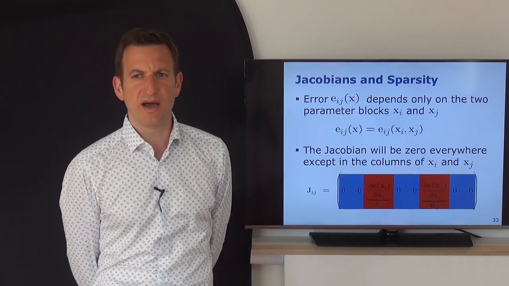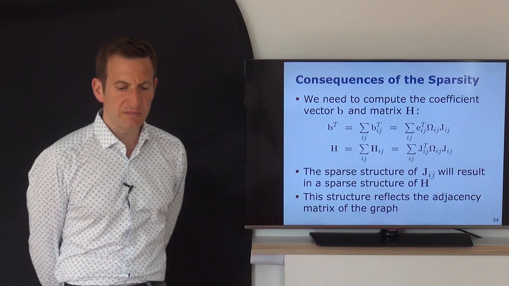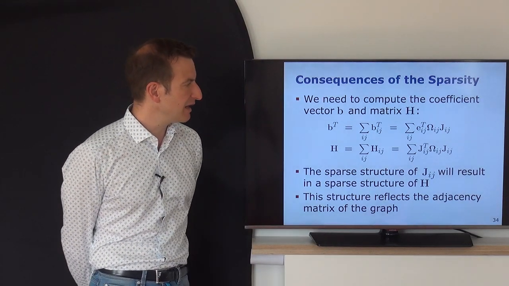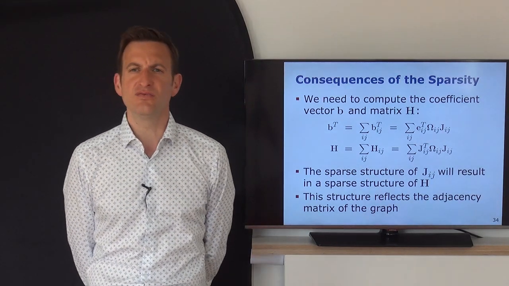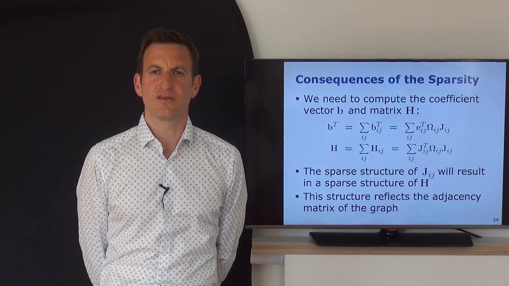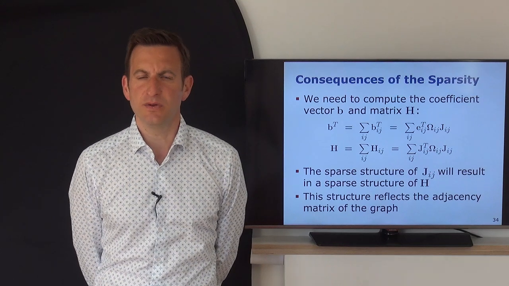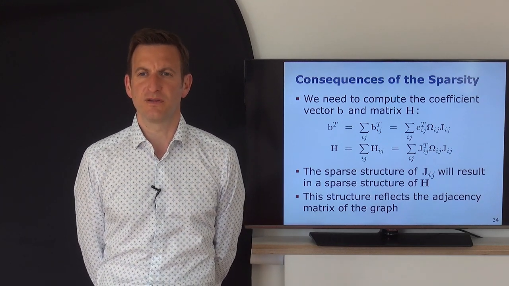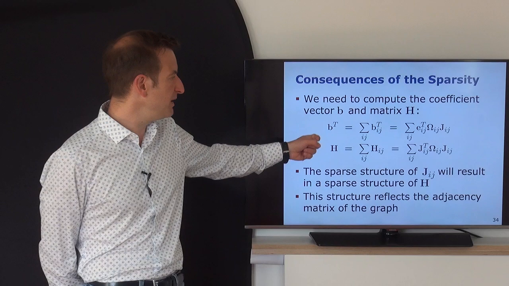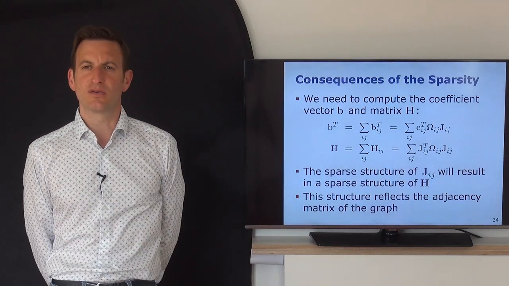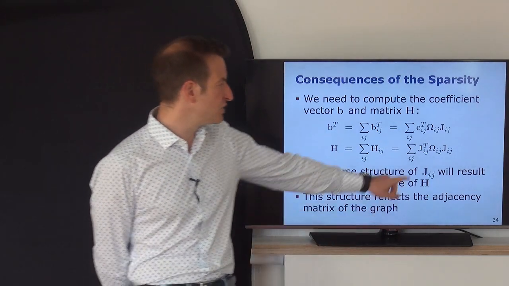Why is this the case? Why is this so important? This can be illustrated by the fact that the Jacobian has a key role in computing the elements b and H, which I need to compute in order to solve my system of linear equations. My vector b and my matrix H consist of elements which involve the Jacobian.